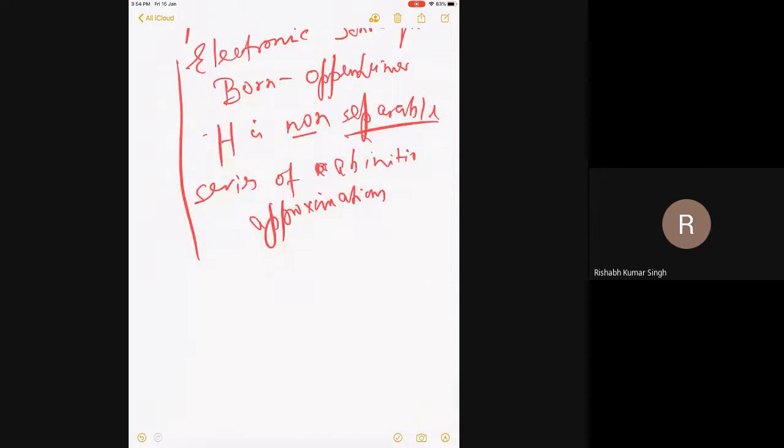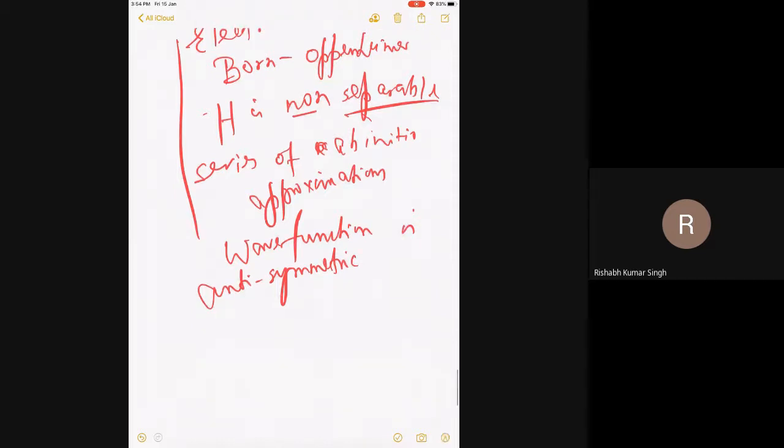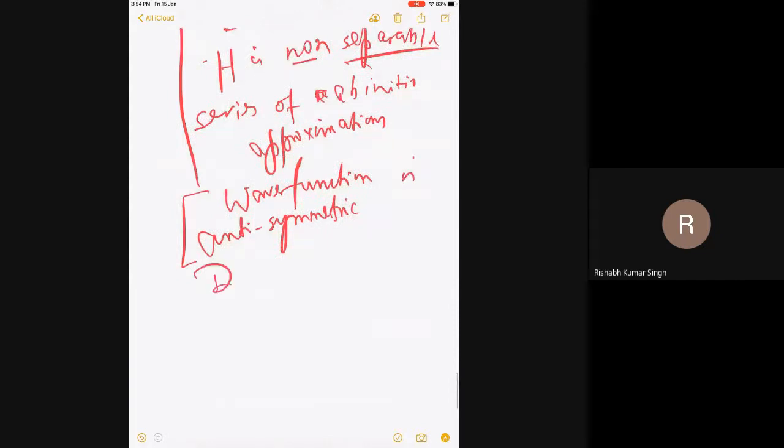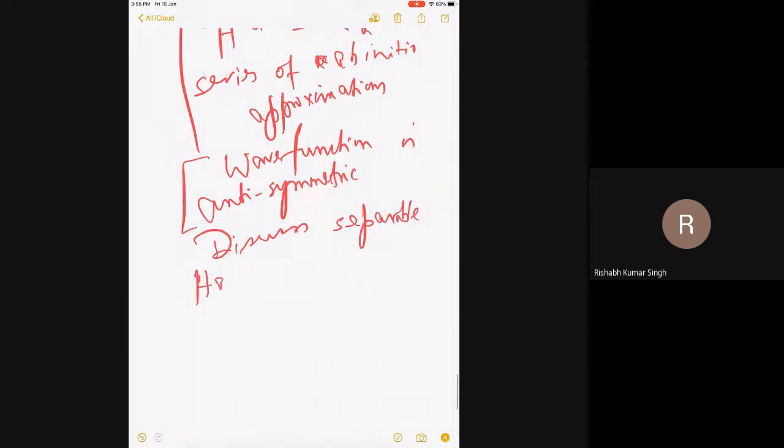We should also remember that whatever wave function we build must be antisymmetric. We will discuss separable Hamiltonians many times, and that will start in the very next class in the evening.